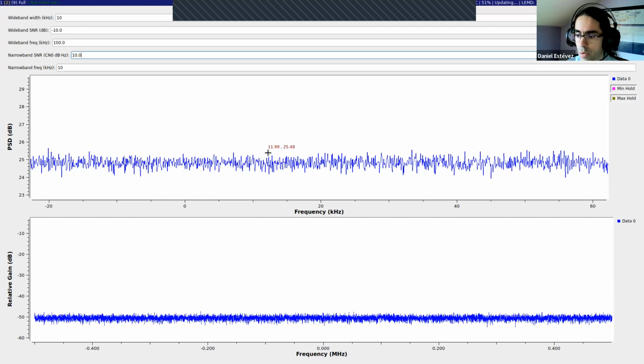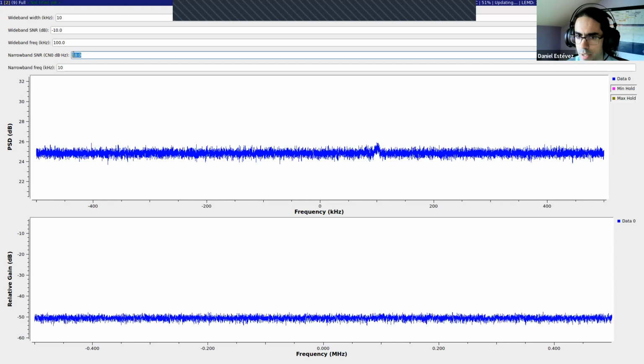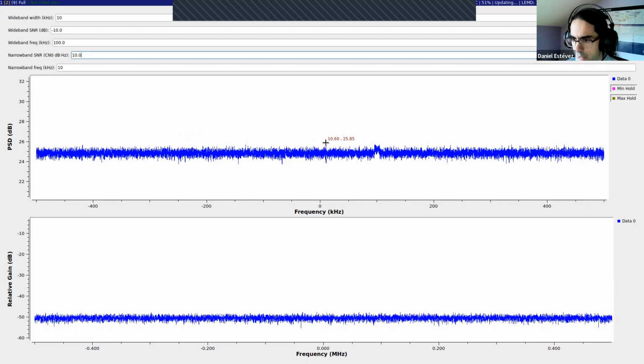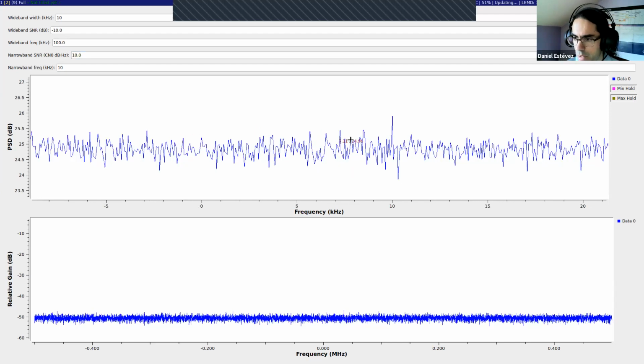No, it's gone. So how might we go about detecting such a weak signal that only has 10 dBs of CN0? That means it has the same power as the noise in 10 Hertz. I think here is a signal, but it comes and goes.